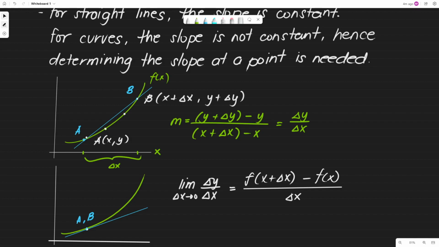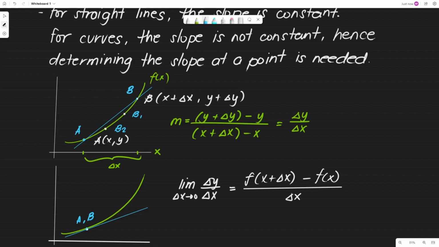So meaning, from point A going to point B, iba yung slope natin. Iba rin yung slope from point A to, let's say, B sub 1. Then, iba din yung slope natin kay B sub 2. So, bakit siya nag-iiba? Kasi nga, meron tayong curvature. Iba yung behavior ng paggalaw ng function natin as compared with the straight lines.